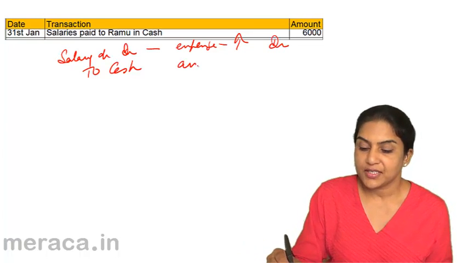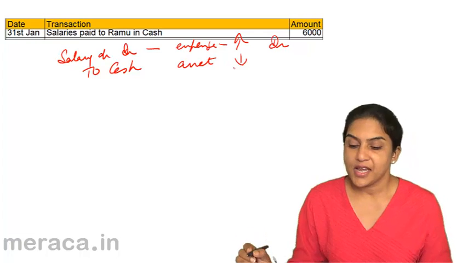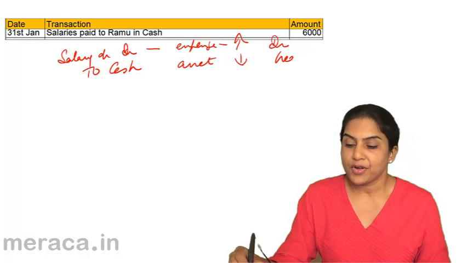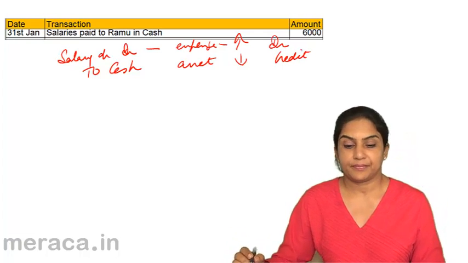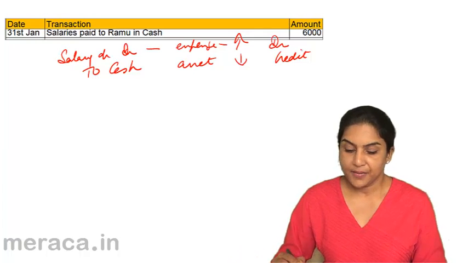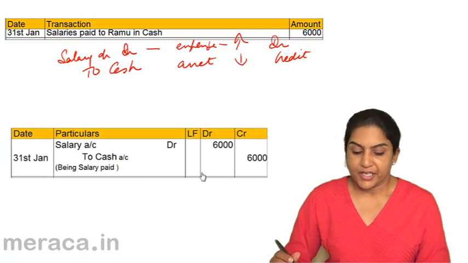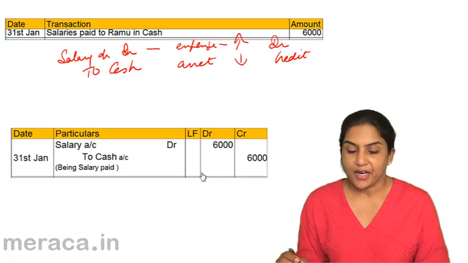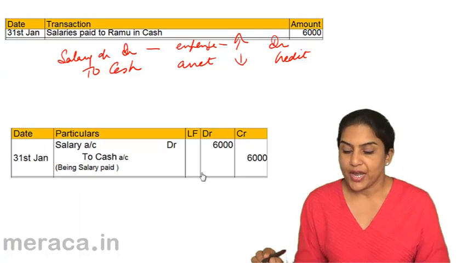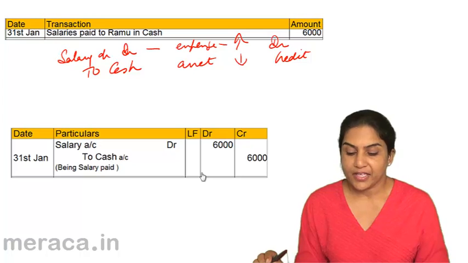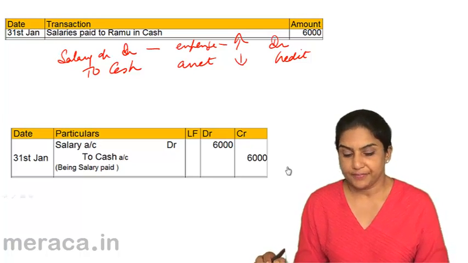Cash is an asset. Decrease in asset. Therefore credit. Let us see the proper presentation. 31st January, salary account debit 6,000 to cash 6,000. Salary expense debit, cash asset comes down, so credit.